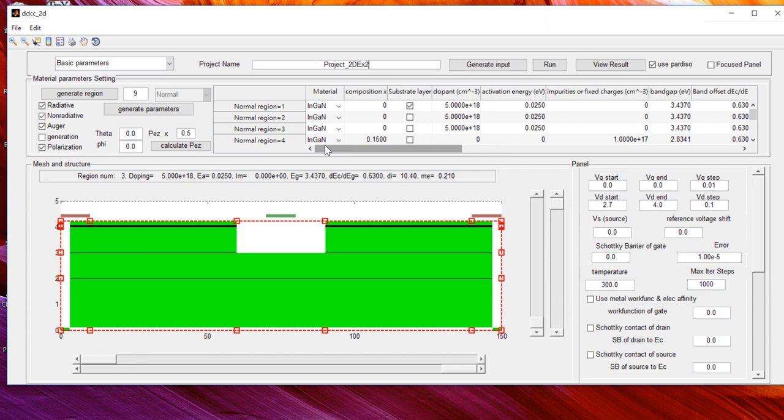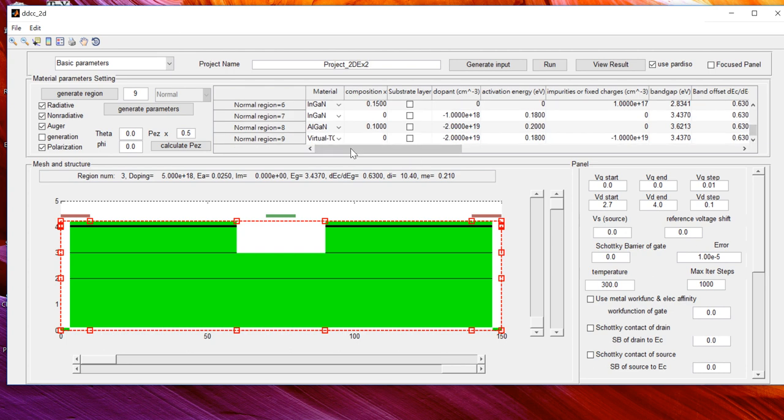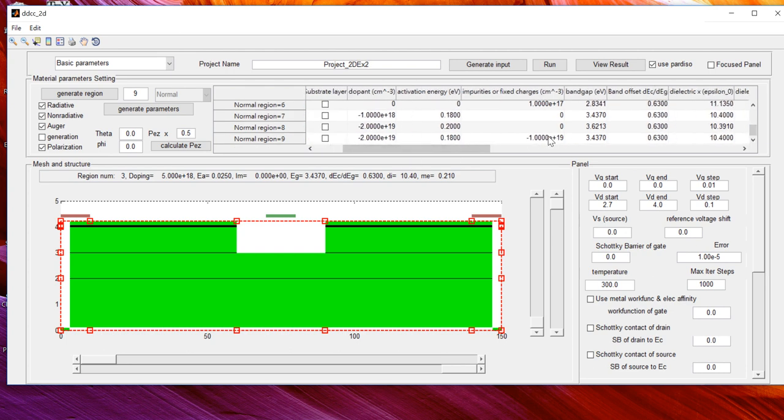You can find that the program automatically generates a layer where the impurity is this value, and these two I set before, so this should be removed. Usually we won't set anything here.